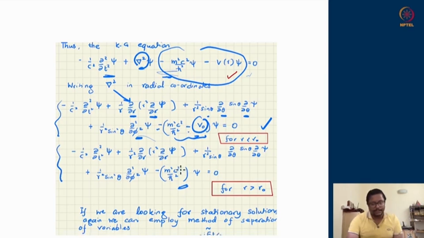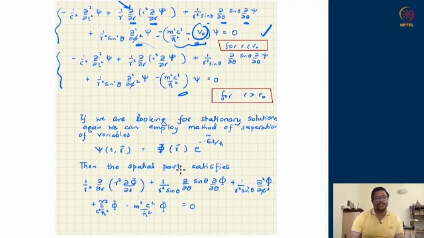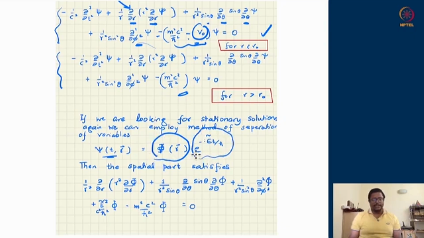So we can look for the stationary state solutions, which is some psi of r, t, dependent on spatial distribution, which we have to figure out. But temporal distribution, I say that it is in the stationary state, that means e to the power minus iEt upon h bar. This is eigenstate of the del t operator. If that is true, the temporal derivatives appearing here and here will just throw up E squares.